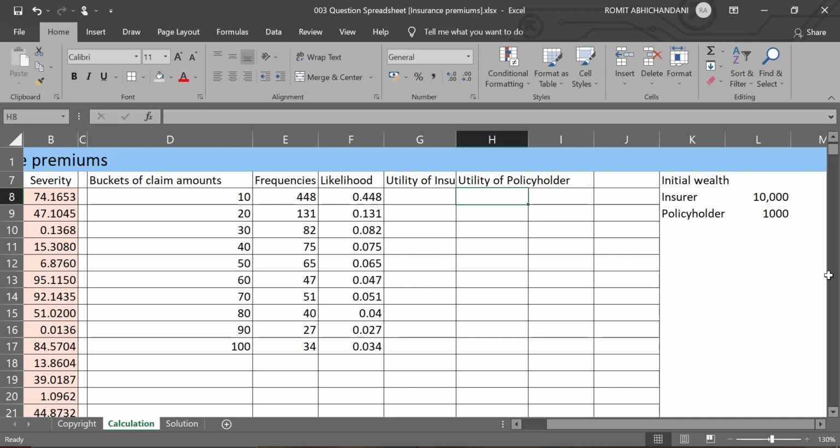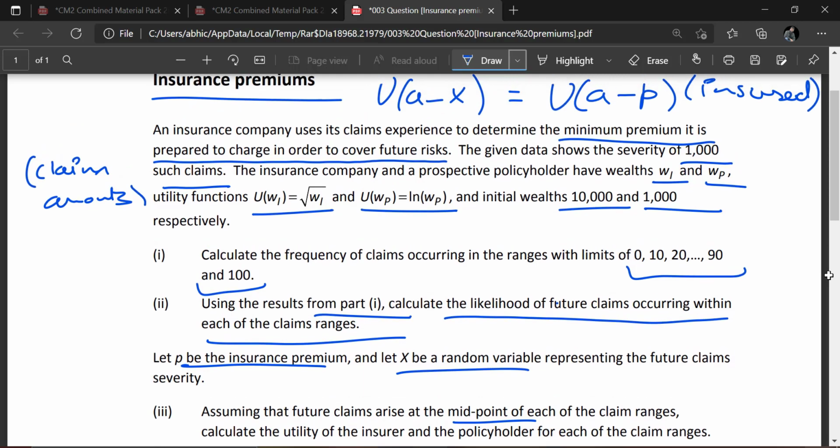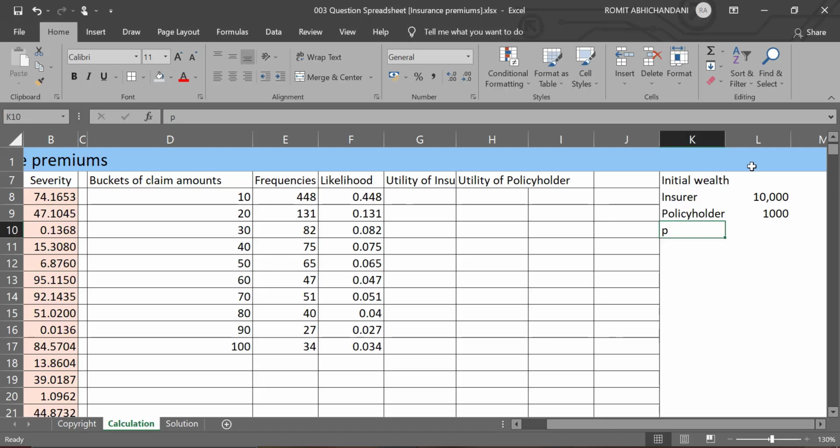Now let's just say that these are the claims that are coming, and let's assume a certain level of premium. Let's call that premium level P. I will assume it to be anything. Later on I'll goal seek and find the correct value. So right now we'll assume that the insurer is charging the minimum premium that it is prepared to charge.